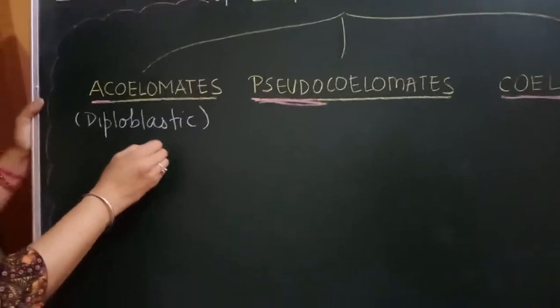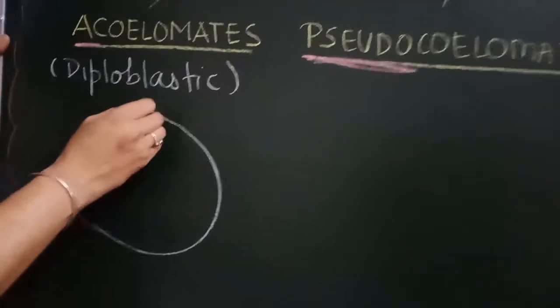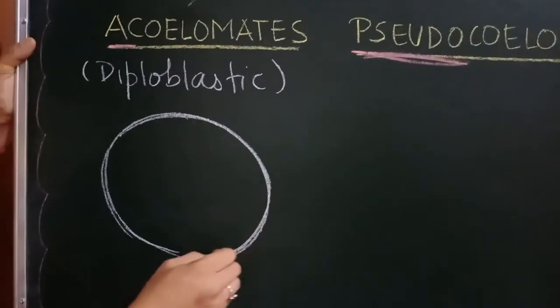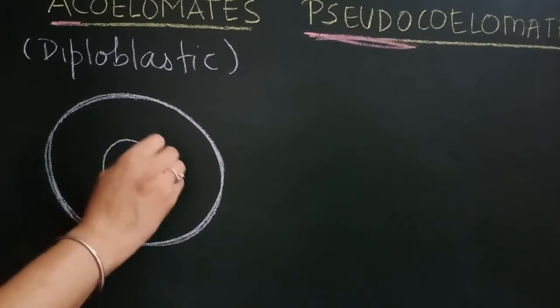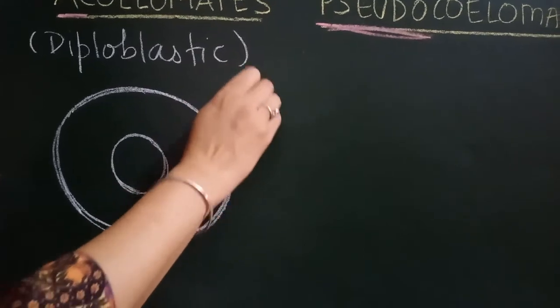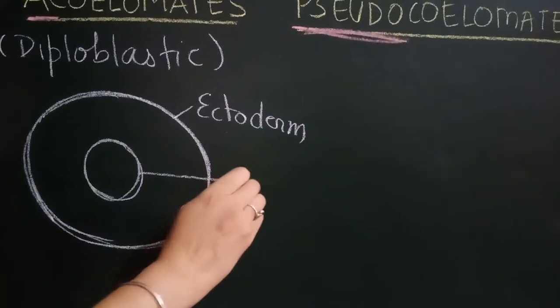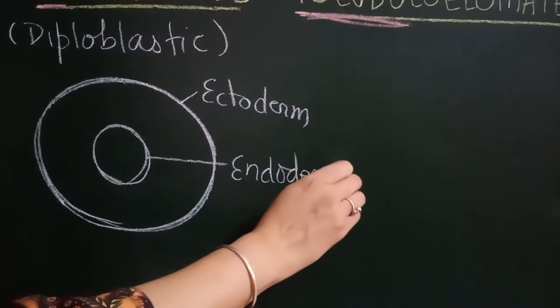So if we see the diagram or the cut section of their body, the outer layer is called the ectoderm, and within the outer layer there is the endoderm. This is ectoderm and this is endoderm, and the third germinal layer is not present.